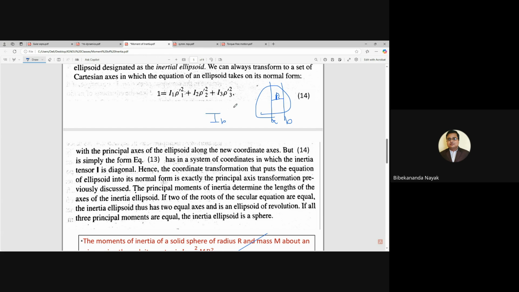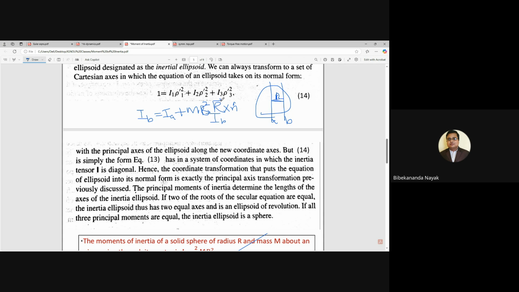You generally write I_B is equal to I_A plus M R square. Is it not? You know this from plus 2. If it is a perpendicular distance, meaning it is not in a straight line, then the perpendicular distance is this one: actually M R cross n cap.